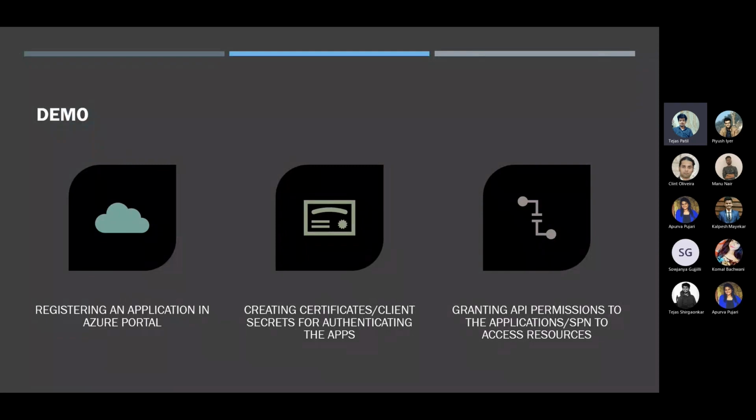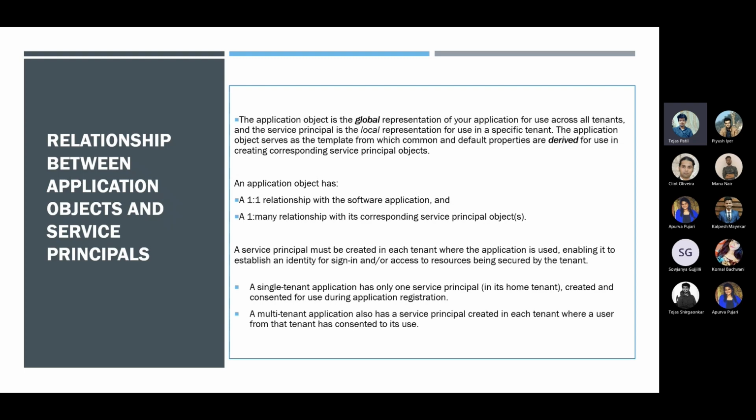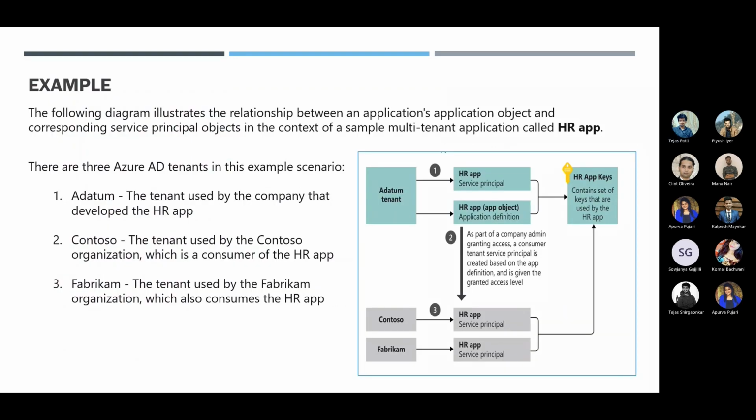So we saw the portal, then creating certificates, and then why API permissions are required for our applications to grant access to the resources. Then this example, creating an app in one of the tenants, and then if we share this with other tenants, like Manu and Clint, then an SPN will get created, and that SPN will have the app manifest.